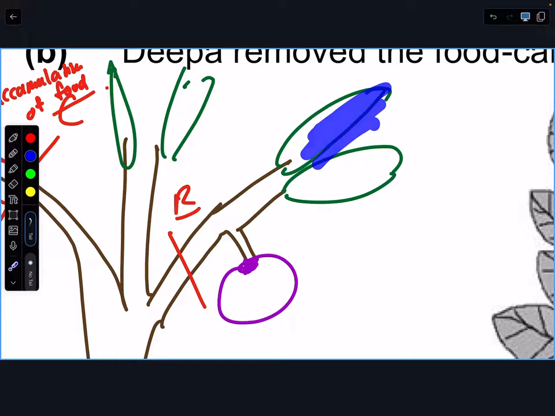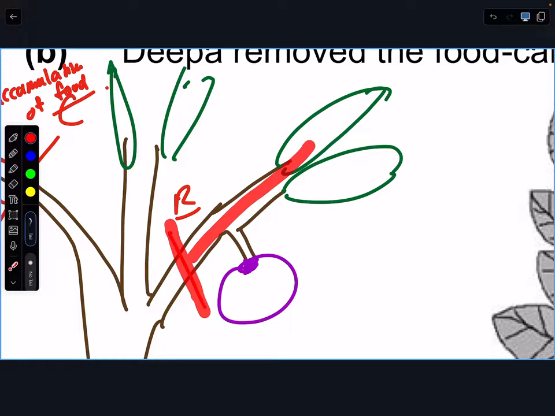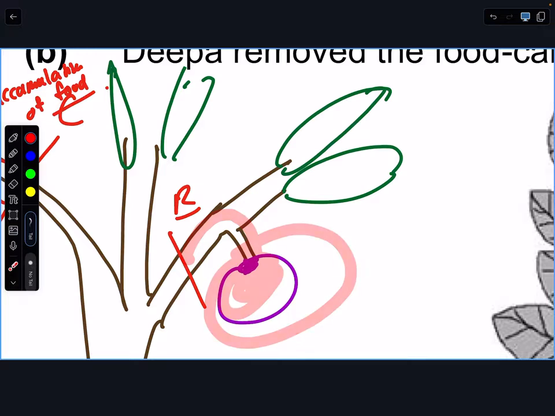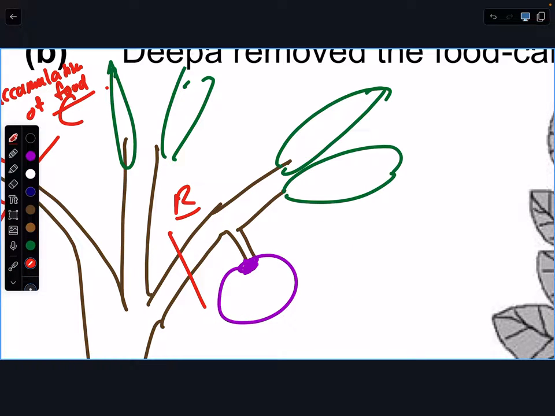But scenario number 2, the difference now is food made from the leaves cannot be transported below point B. And so instead of accumulation of food here, now the food will go to your fruit, making it bigger.